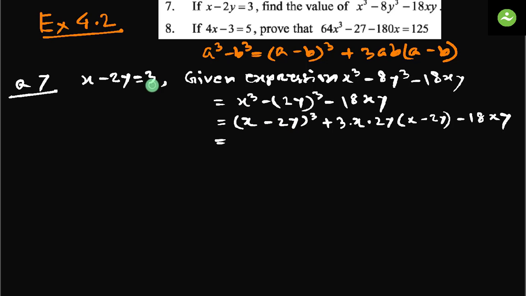We can put this value, x minus 2y equals 3. Now substituting the value of x minus 2y.